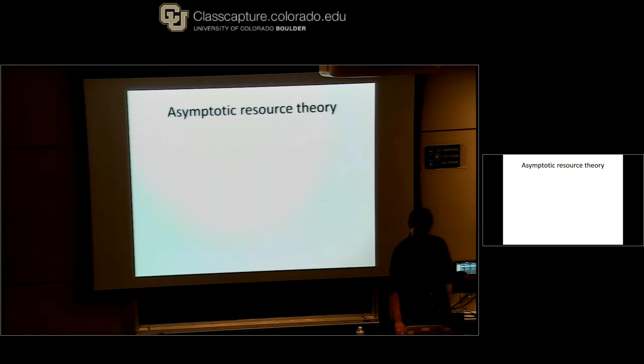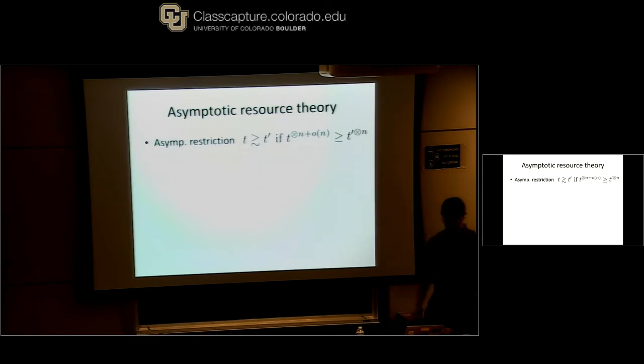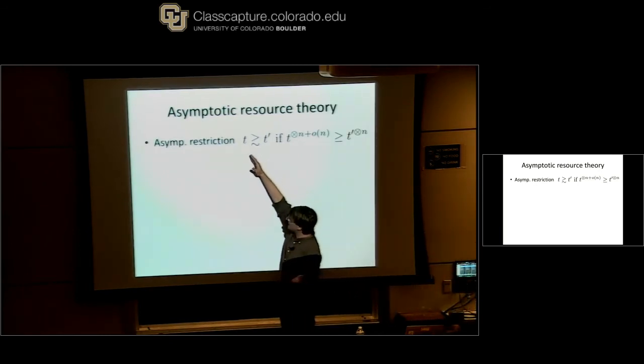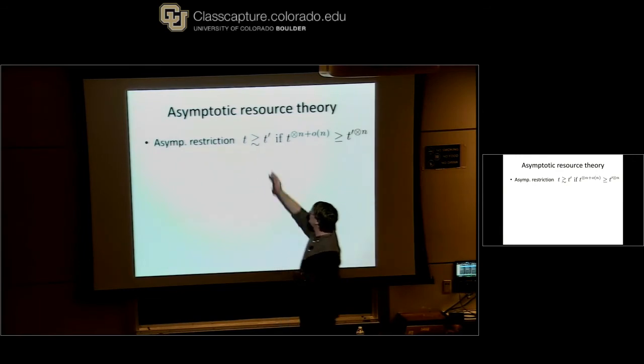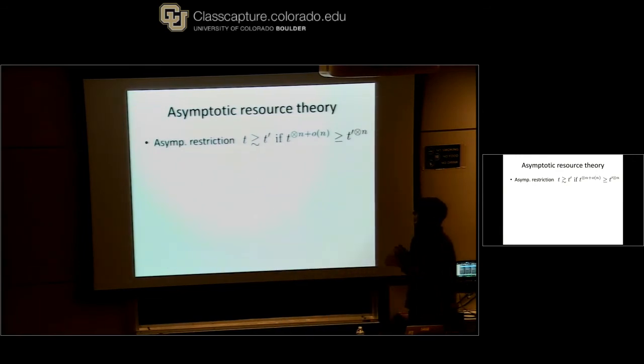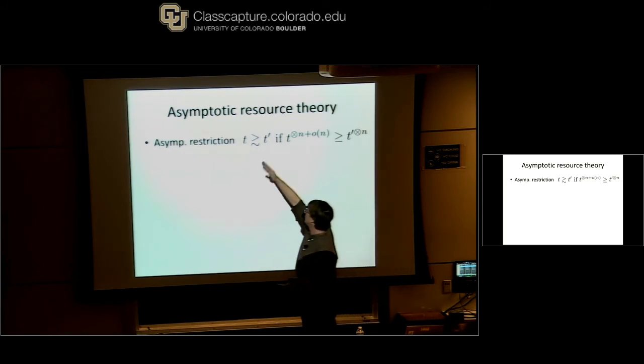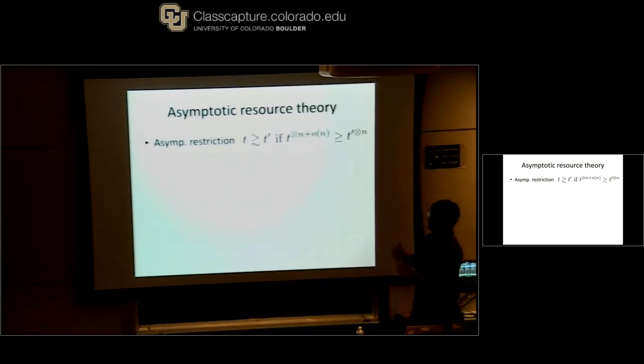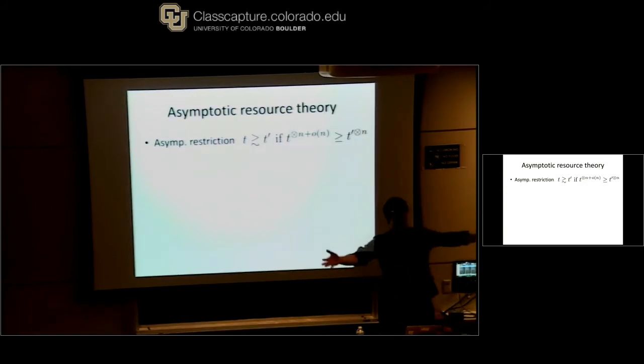And so what we did was study this asymptotic restriction. Strassen studied it already: when does T restrict to T prime? We say that T restricts asymptotically to T prime if T tensor n restricts to T prime tensor n for large n. And that's the question.